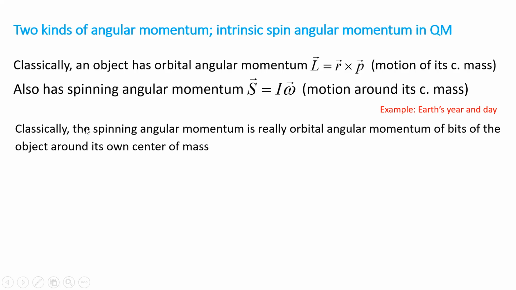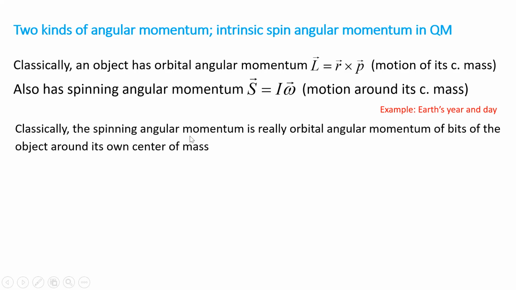Now it's kind of interesting. Classically, the spinning angular momentum can actually be viewed as orbital angular momentum of little bits of the object around its own center of mass. So if we look at the object as a whole, we can say it has a spinning angular momentum. But if we divide up the object, say the Earth, into little pieces, then the S is really a sum of a bunch of little L's of all those little pieces around their own center of mass.